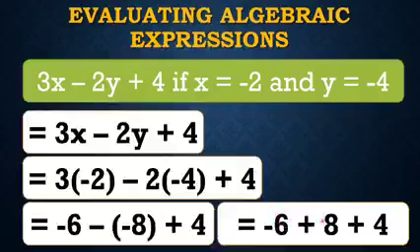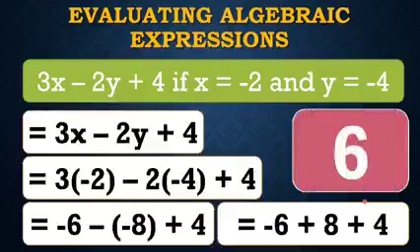So we need to add first the negative 6 and 8. Then after getting the sum, we need to add 4. Negative 6 plus 8 is equal to positive 2, plus 4, that is positive 6. Hence, 3x minus 2y plus 4 if x is equal to negative 2 and y is equal to negative 4, the answer is 6.